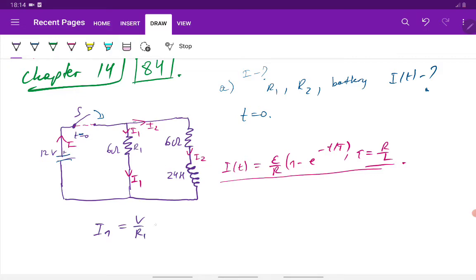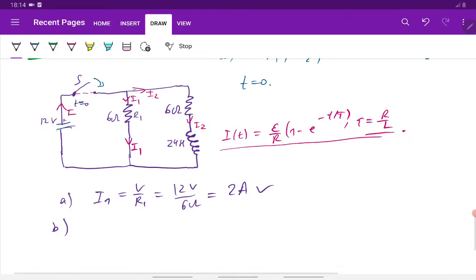Voltage over R1, 12 volts over 6 ohms, 2 amperes. So we find I1, and then part B. So we use this formula here. This is our initial in this case. So in this case, 2 amperes.